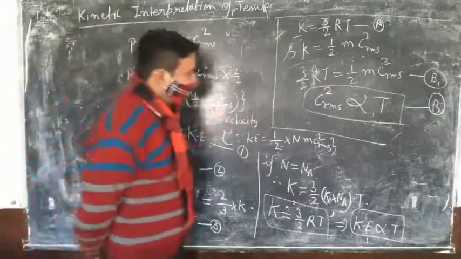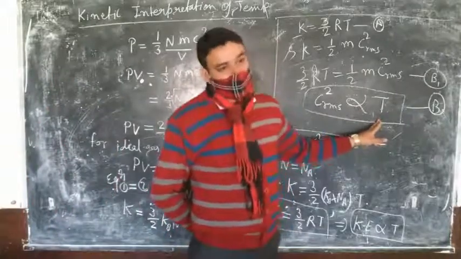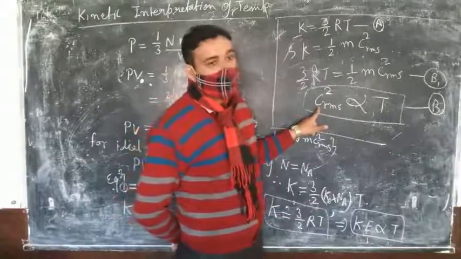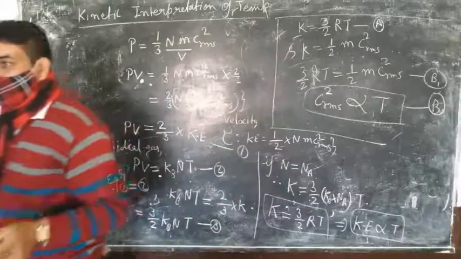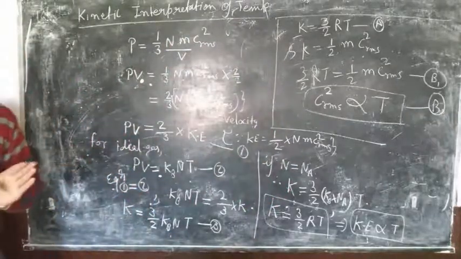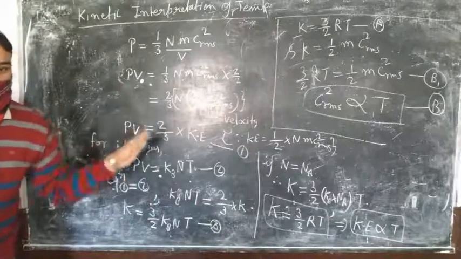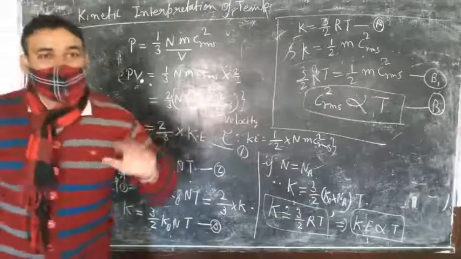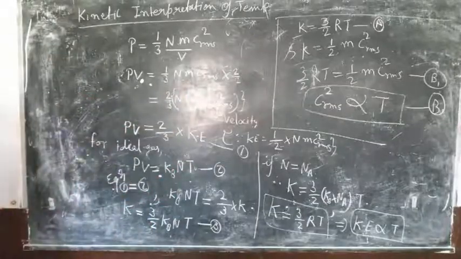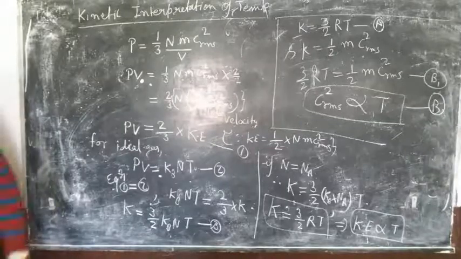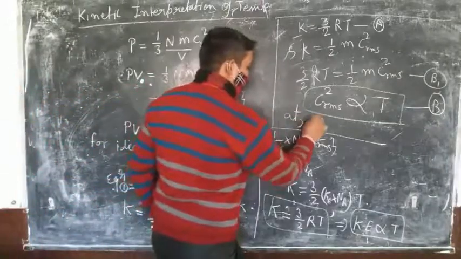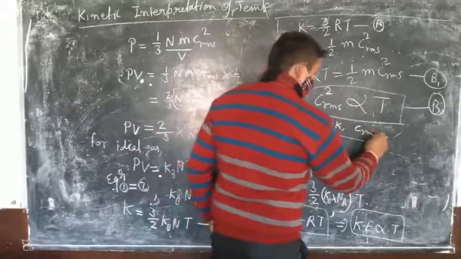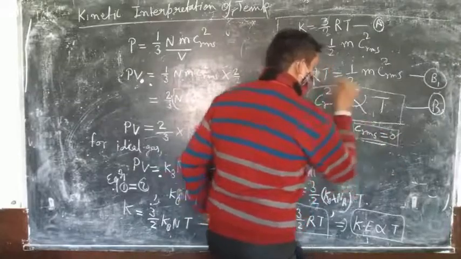So from here it is very clear that if temperature is 0, which means at absolute temperature, the RMS value of the average speed of the molecule is also 0. That means at absolute temperature the molecules tend to cease, which means they are not movable. At T equal to 0 Kelvin, the CRMS value of velocity is also 0.